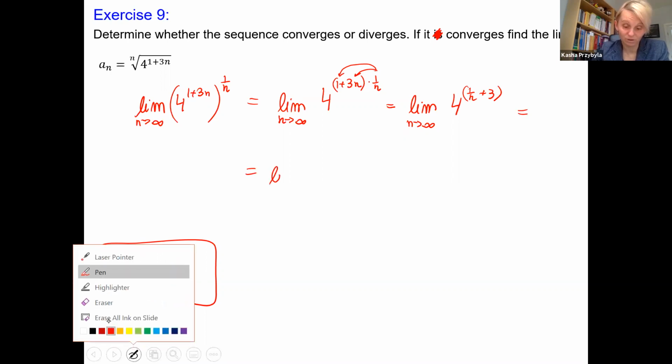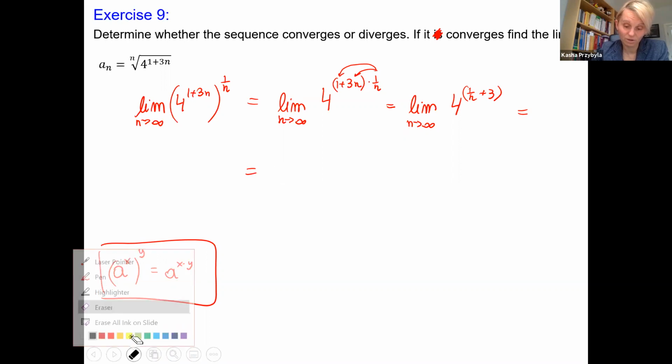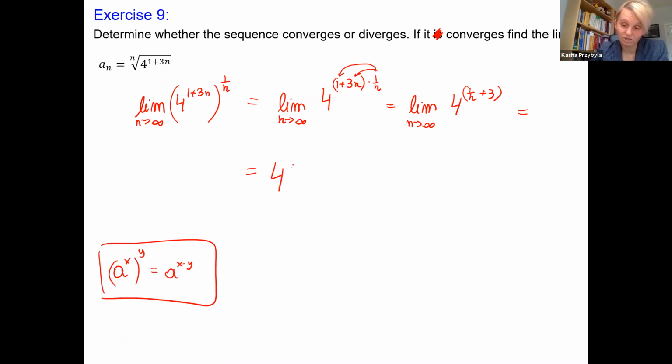We have the exponential function 4, of course, continuous function. And then I can just compute the limit of the exponent, because that's where n is defined.